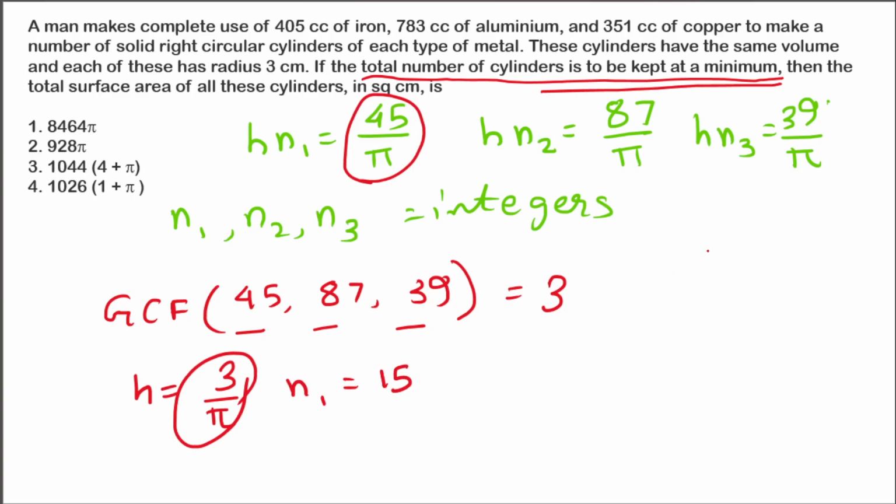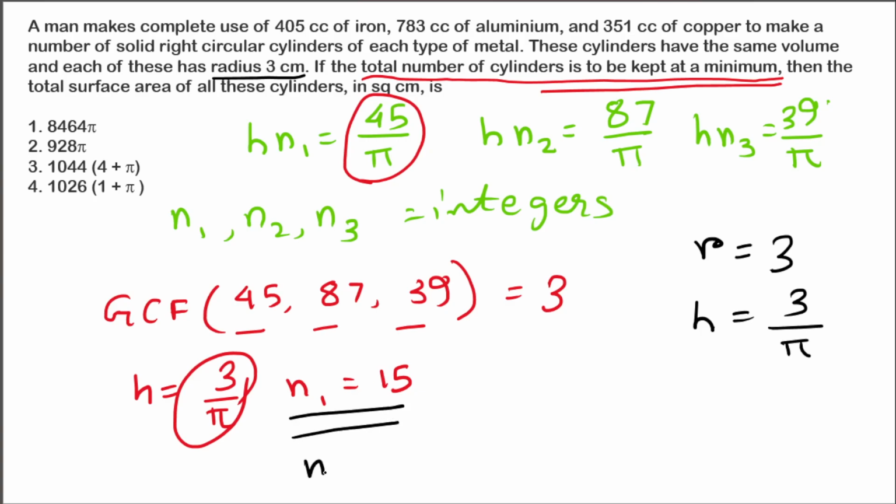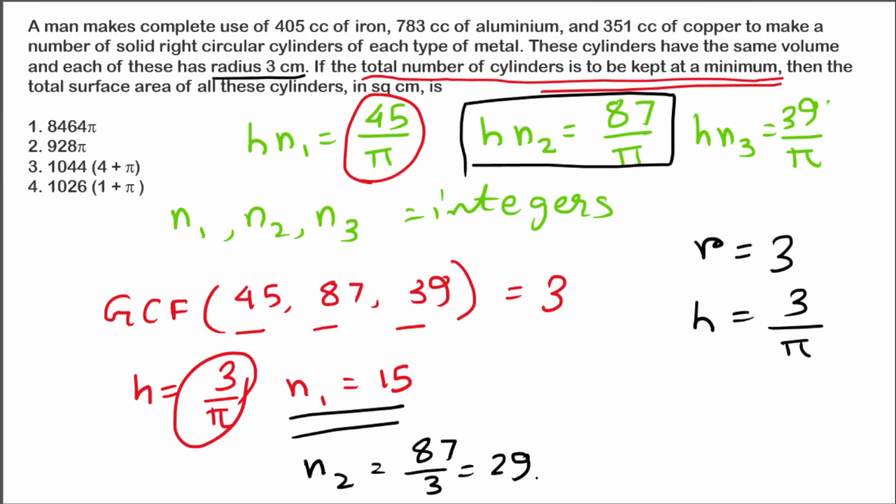Now what is the information that we have? r we have is 3, that is given already, right? Because radius is 3 centimeters, so r is given, h is 3 by pi. Now we can calculate n1 to be 15, n2 is simply 87 by 3, which will turn out to be 29, and n3 will turn out to be 39 by 3, that is 13, right?